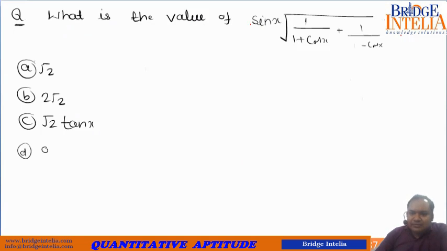What is the value of this expression: sin x under root of (1 by 1 plus cos x plus 1 by 1 minus cos x)? So let's solve this.